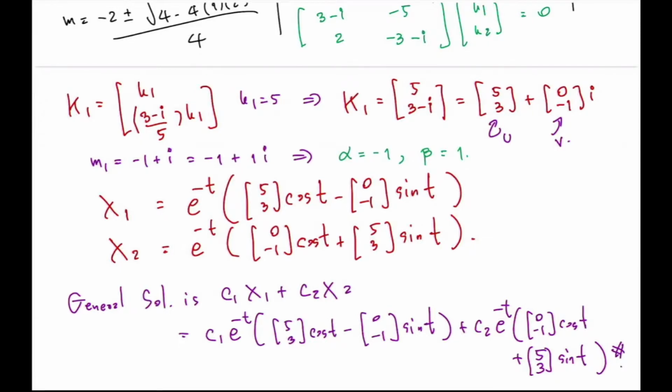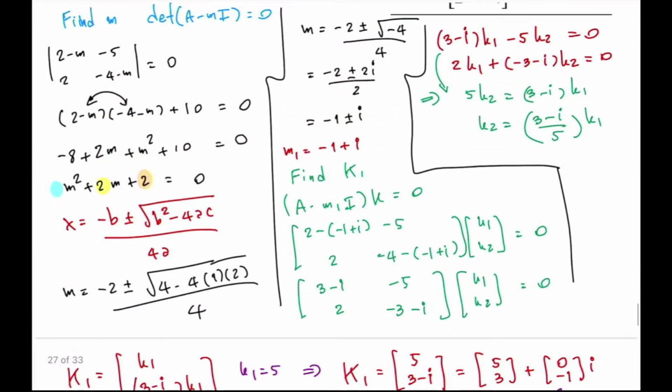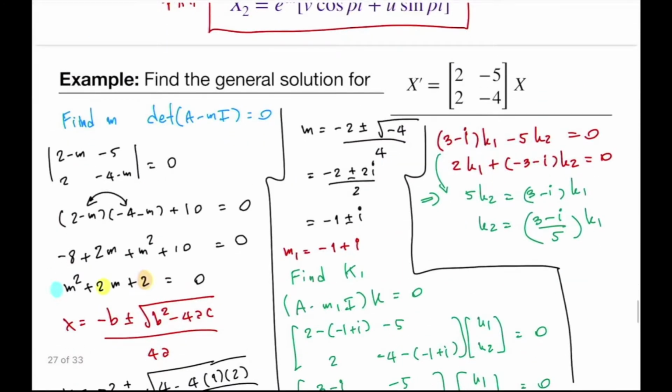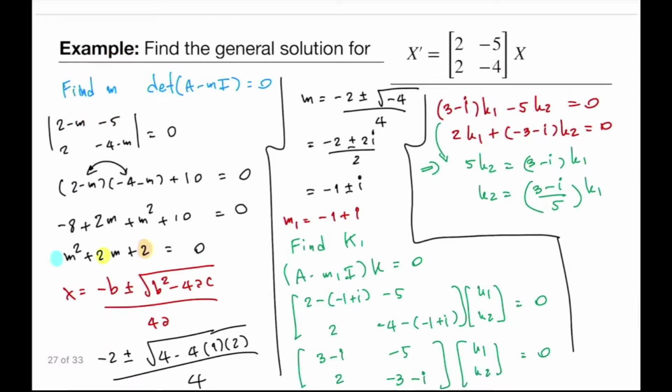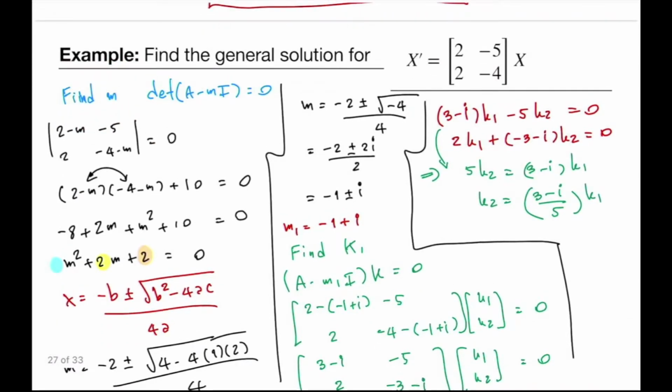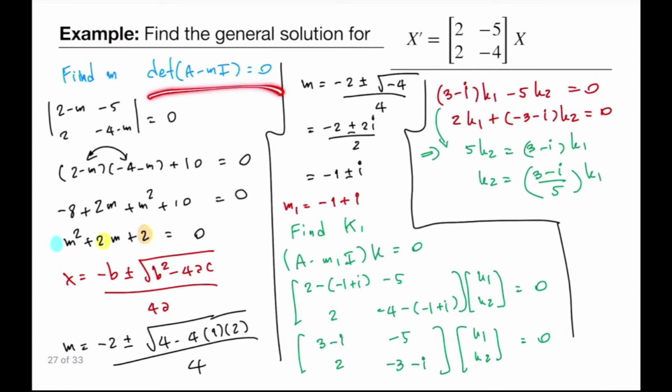Okay, so let me just wrap it up here. First, we find the eigenvalue m as usual, right? We use this characteristic equation. After that, when we obtain this equation, we need to solve for m, right? And you figure out that you can't really factorize it, so you need to use this formula to get the root m, and it's going to be complex numbers.